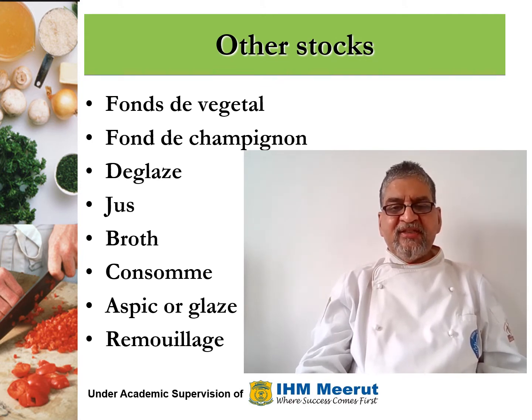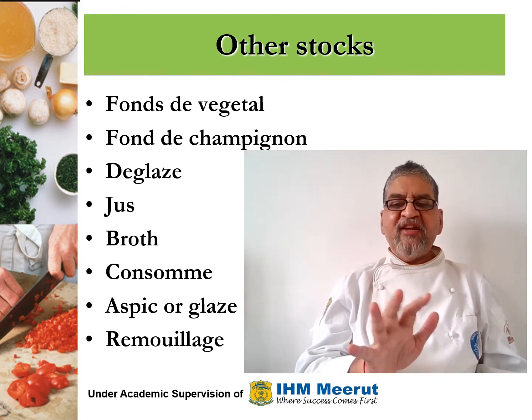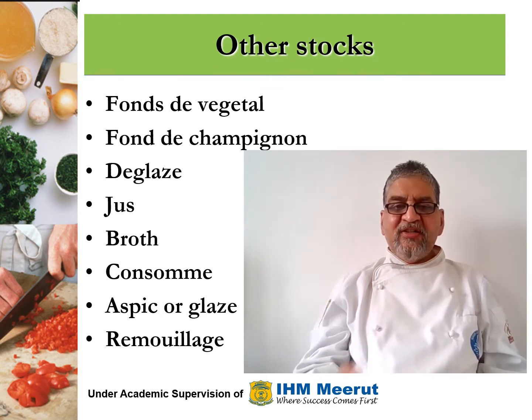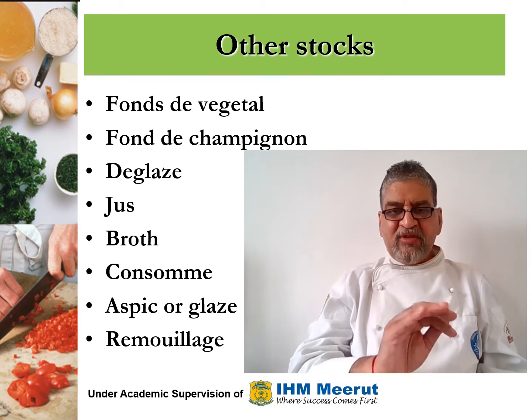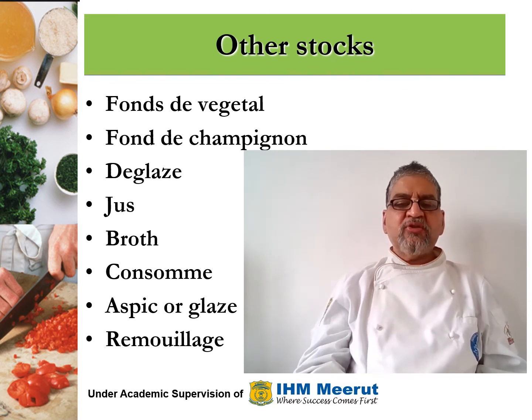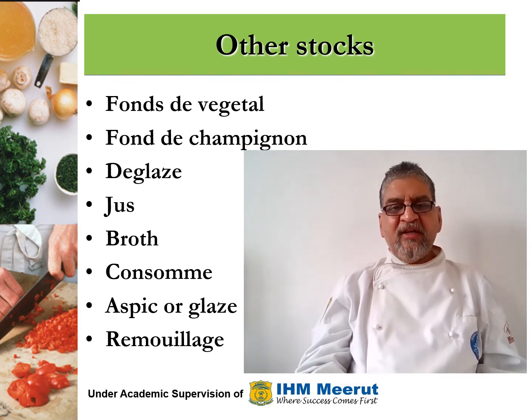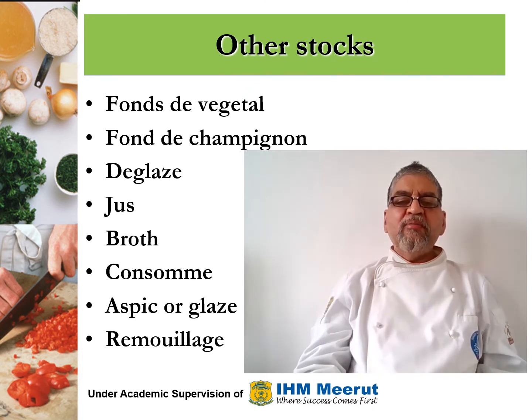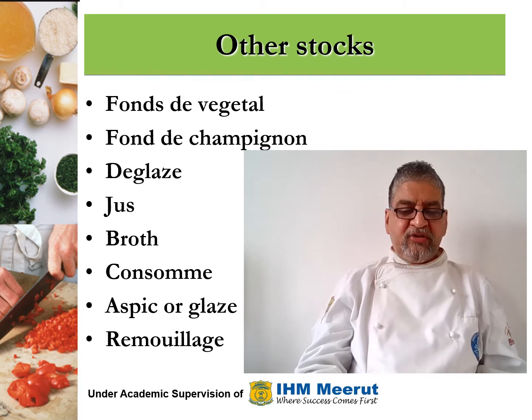So deglaze is we remove the glaze or shine from the pan or from the cooking meat and we dissolve it in water, and then we remove the water and we use it as a stock. This stock can be thickened and used as a means of providing moisture to the dish.